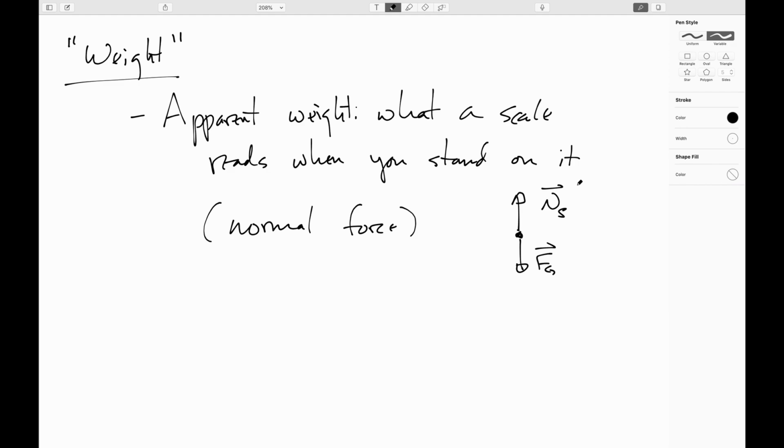But all the scale reads is what the strain gauge says, so it will say that you suddenly gained weight. But that's okay. When you get to your final floor, assuming you're going up, you have to decelerate to get back down to 0, which means that you will now be accelerating downward, which means that the normal force of the scale will actually be less than the force of gravity on you.